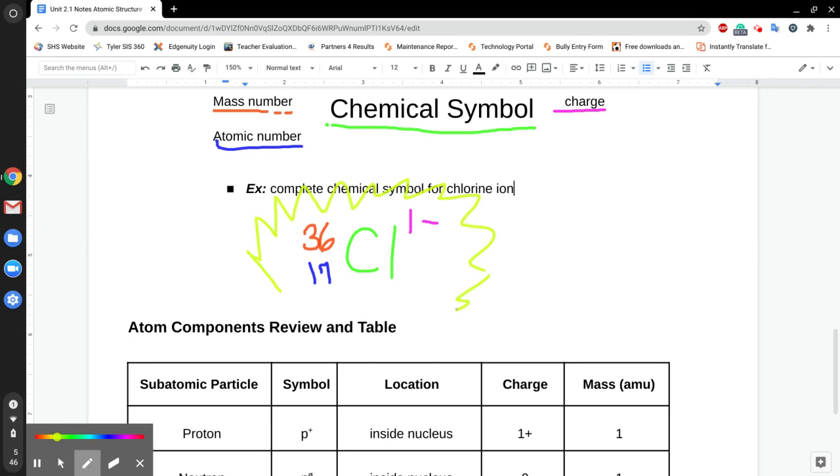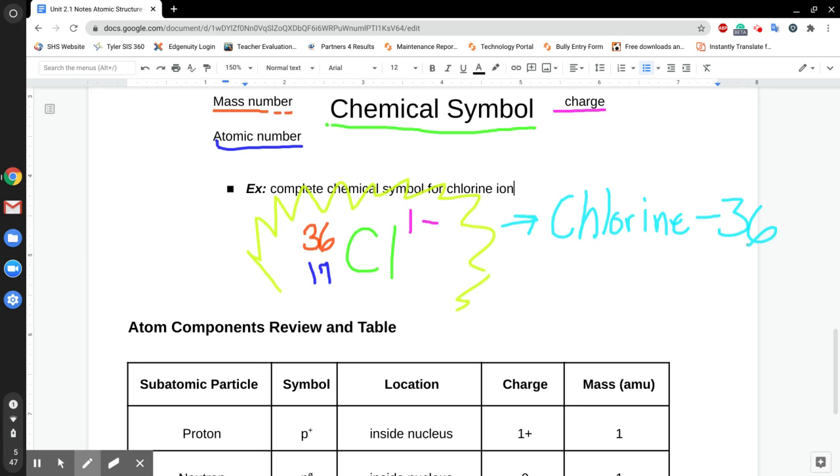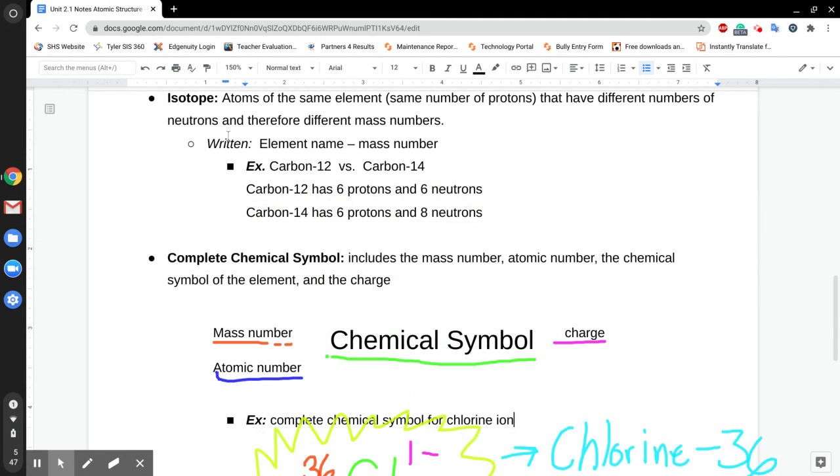If I were to tell you what this is, I pretty much use all the colors, so I could use this one. If I wanted to write out this particular isotope, this is going to be chlorine. My mass number is 36. Sorry, it'd be just that, just your mass number, and we know that from up here. So like this, we put the mass number at the end.